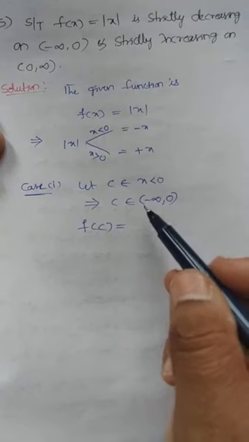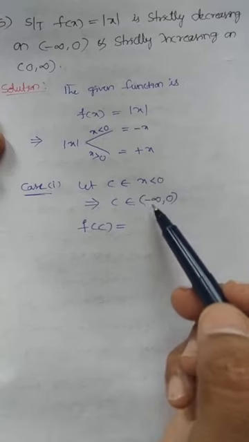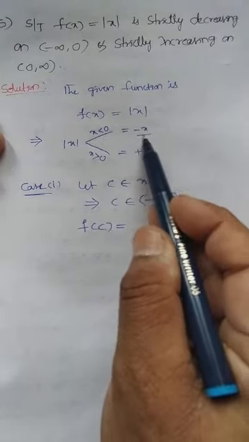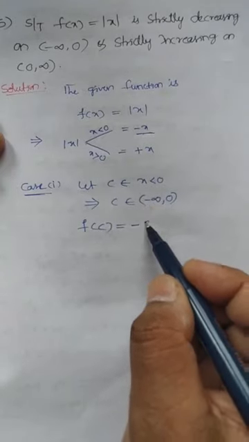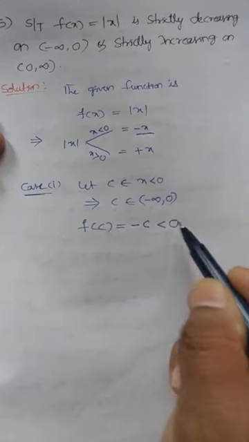So whenever you have taken a negative value, x is less than 0, from minus infinity to 0, you would get minus x. So in place of x I am going to substitute c. So it is now minus c. So it is greater than 0 value, isn't it?